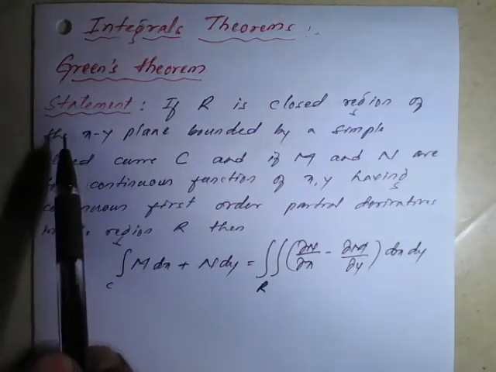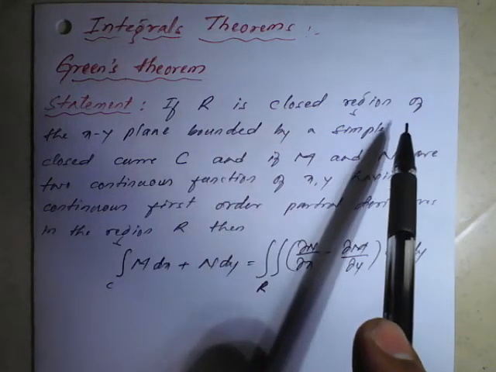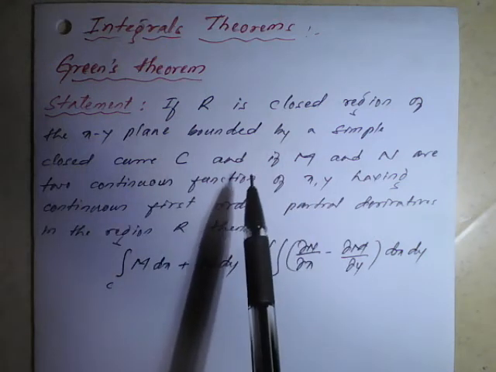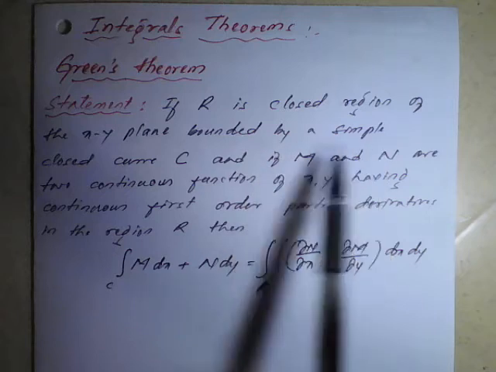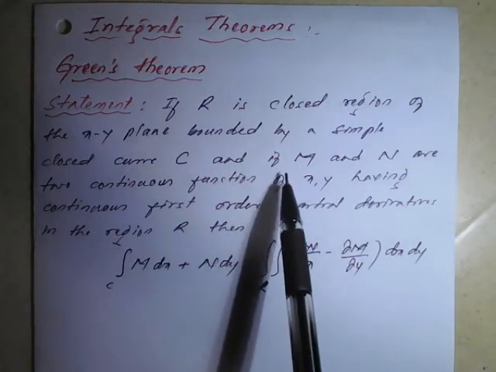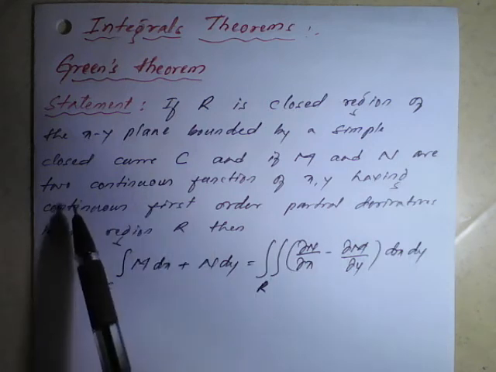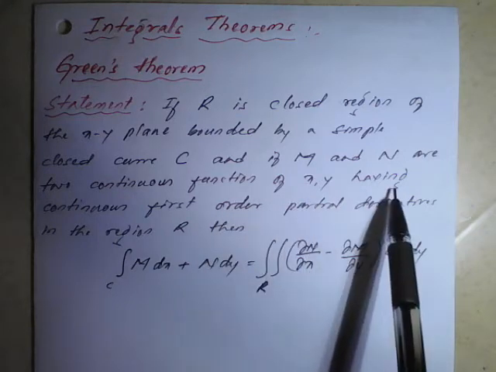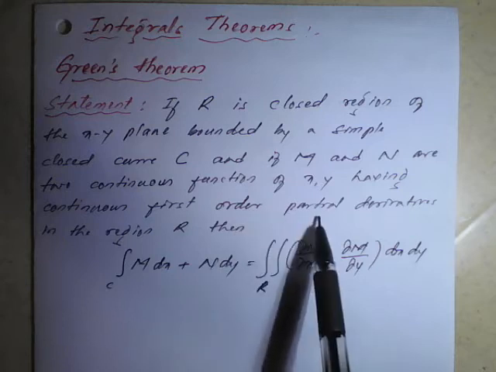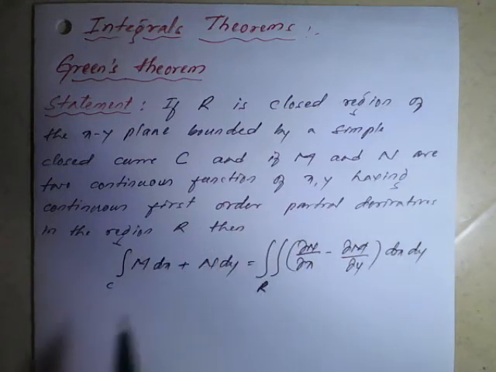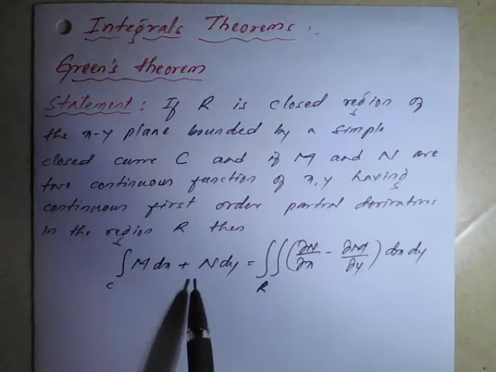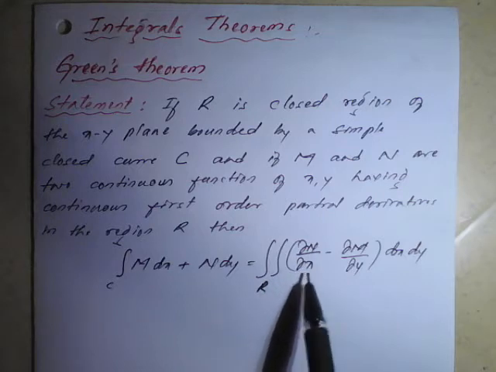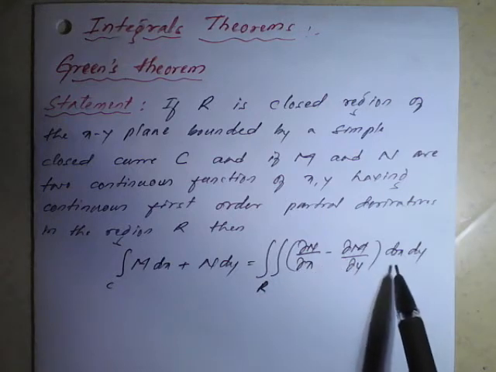What Green's theorem says, statement: if R is closed region of xy plane, that is a surface xy plane having two dimension only, bounded by simple closed curve C, and if M and N are two continuous function of xy having continuous first order partial derivative in the region R, then integration of m dx plus n dy is equal to double integration over the region R dou n by dou x minus dou m by dou y into dx into dy.